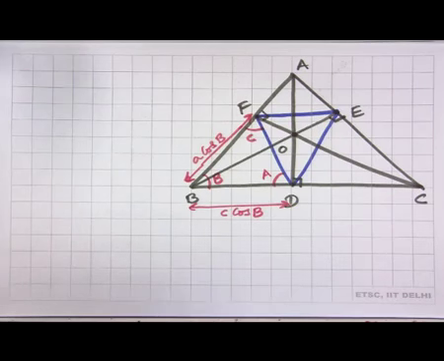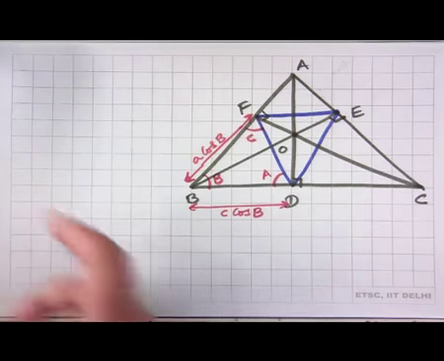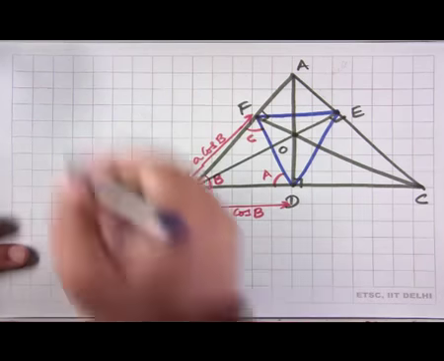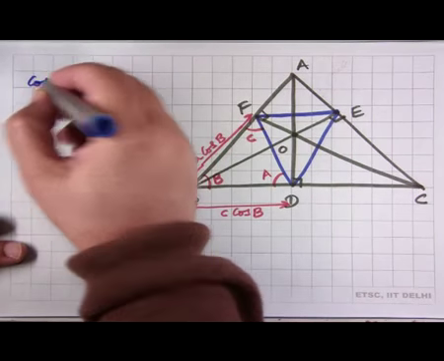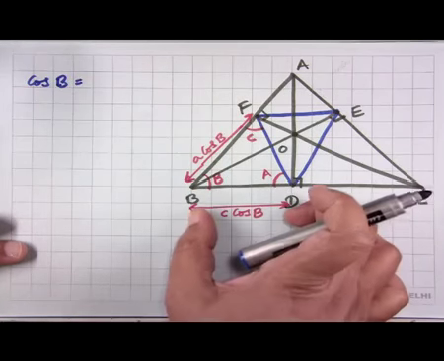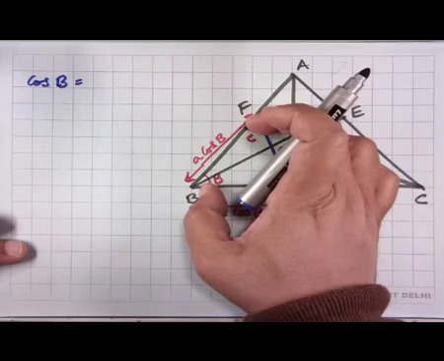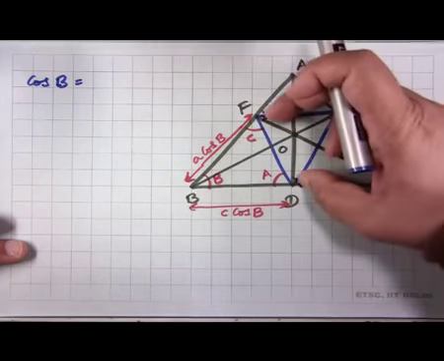So, in the triangle BDF, if we apply the cosine law, then what we get is that cos of B, which is this angle, is equal to the squared length of this side plus the squared length of this side minus the squared length of this side.